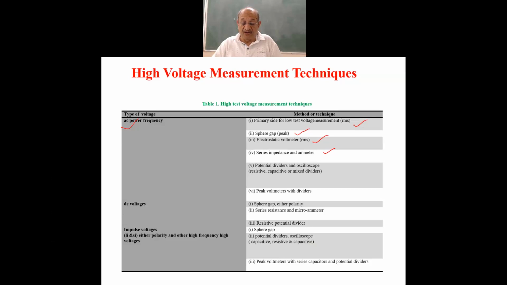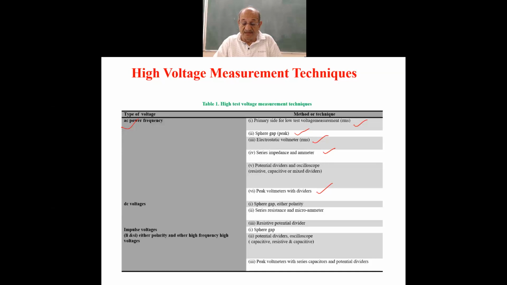Then for the techniques of peak voltage measurement, peak voltmeter with dividers have been used also, that we will be talking about. You saw so many variations for the techniques applied for the measurement of AC power frequency. And the constraints we'll also be talking about.